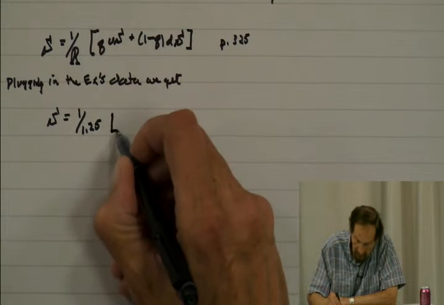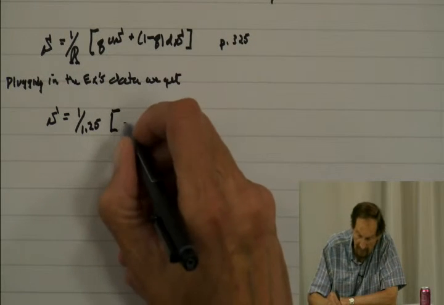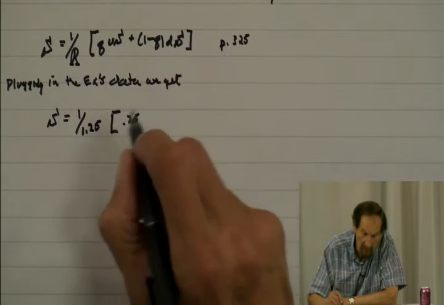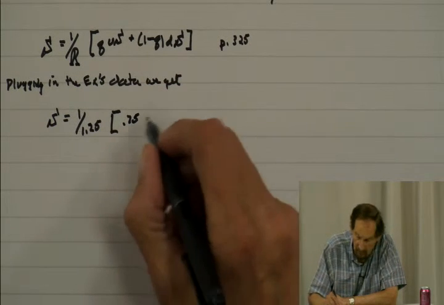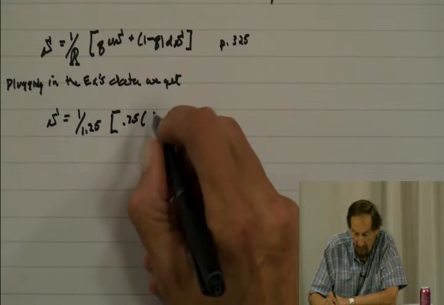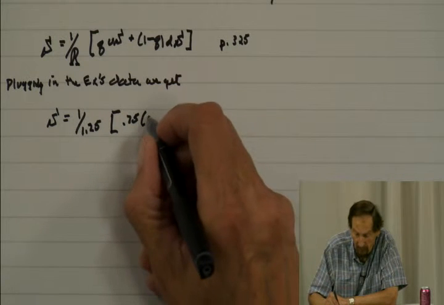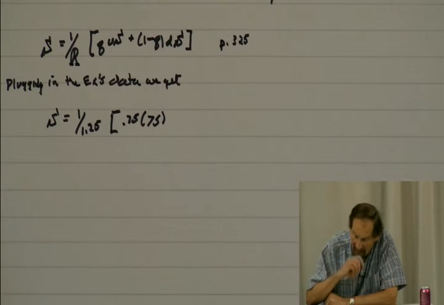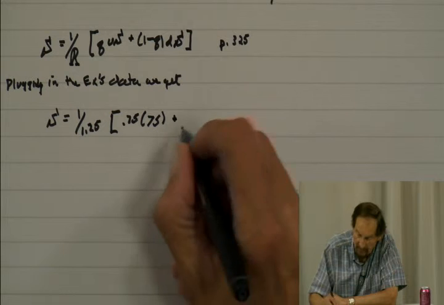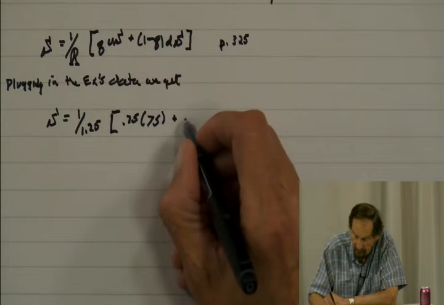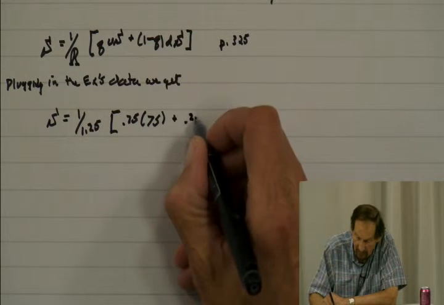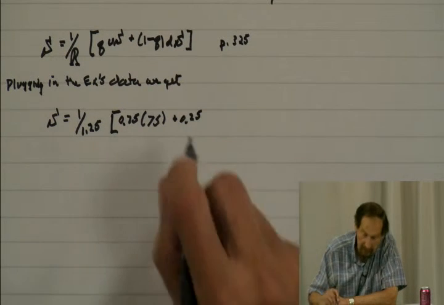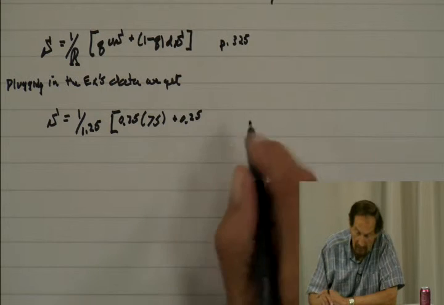We know that Q is 0.75. CU, remember, we started at 50, and we said we could go up to 75. 1 minus Q is 0.25.